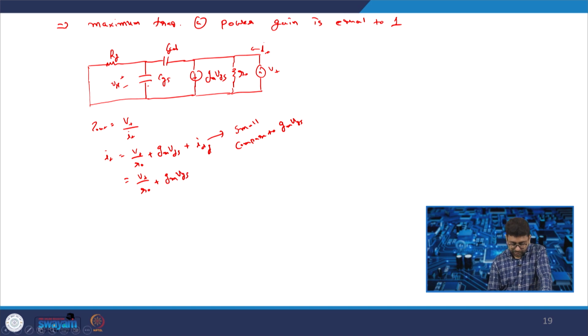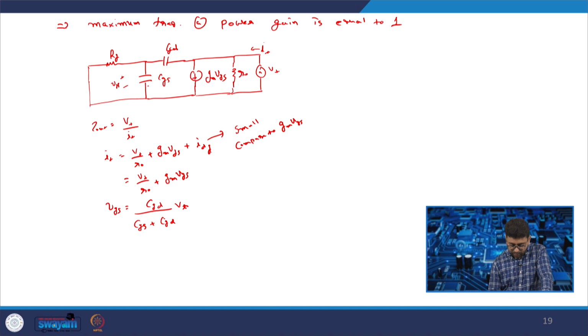And then the Vt can also be written in terms of VGS. VGS can also be written in terms of VT: VGS is equal to CGD by CGS plus CGD into VT.